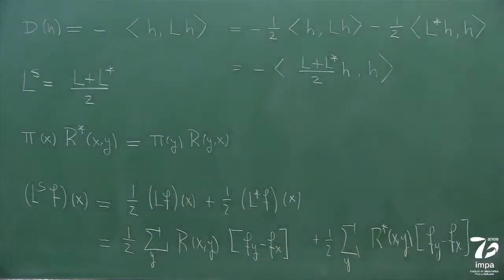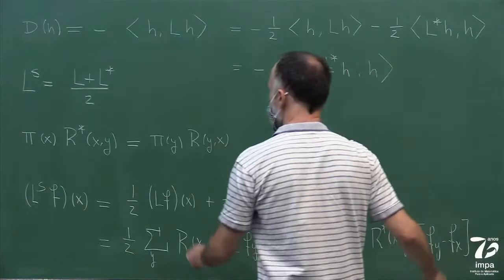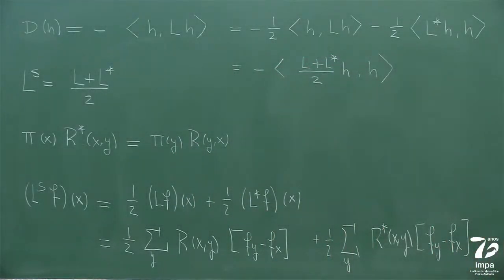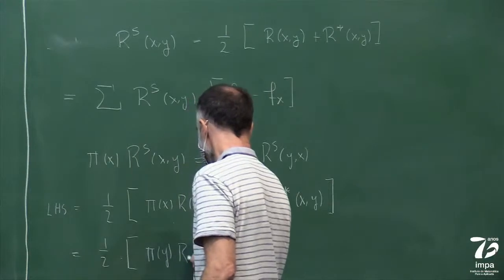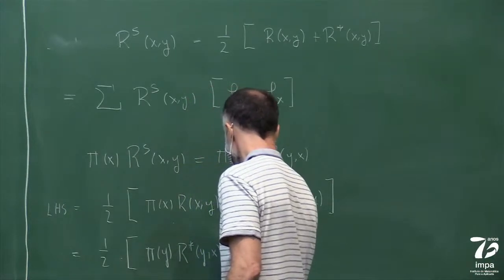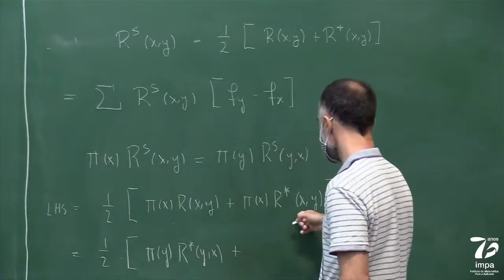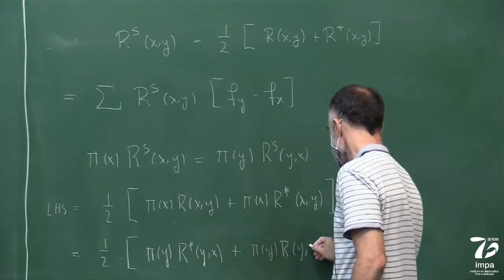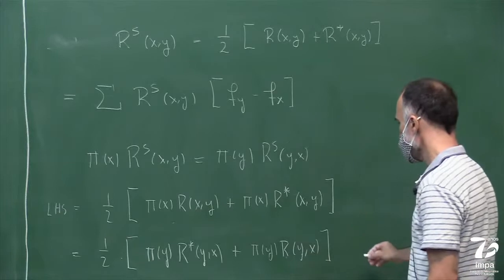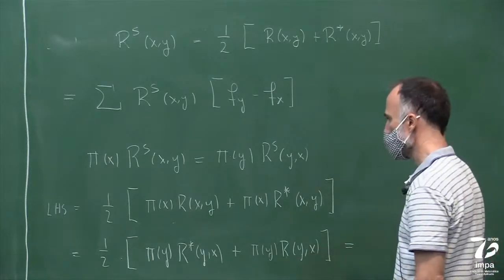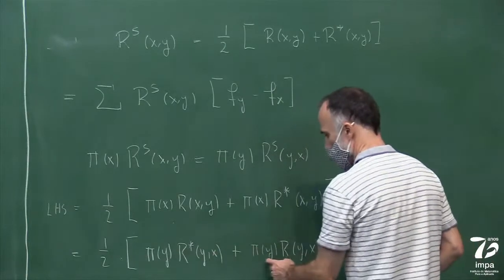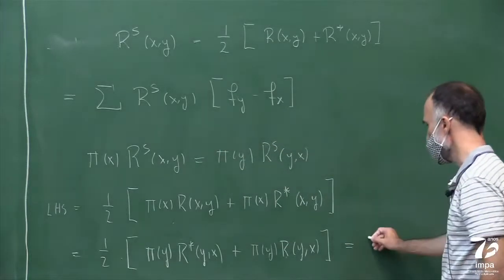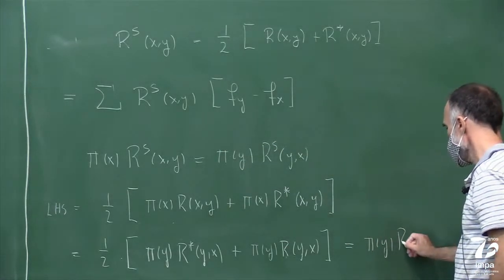So let me use both identities. For pi x Rxy, you have to exchange the roles of y and x in this identity. This is pi y R star yx, plus the same thing here, pi y R yx. And now you see that this is pi y times R star yx plus R yx divided by 2, and this is Rs. So this is pi y Rs yx.